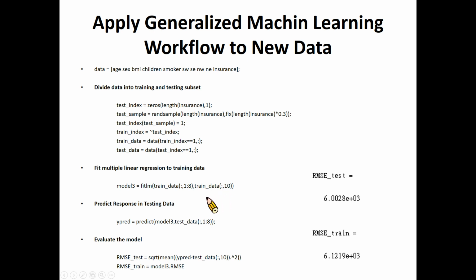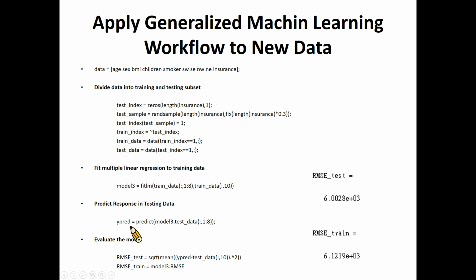When you execute this fit LM function, you can use this trained model to predict the response in the testing data. In the testing data, we also use the first column to the 8th column, and use this information to predict the outcome of the insurance claims.